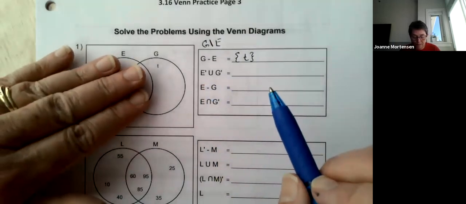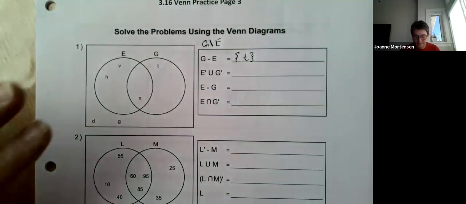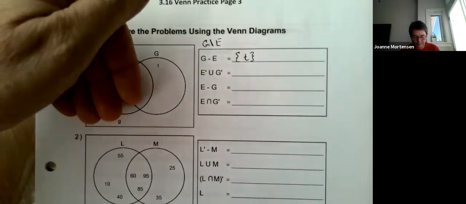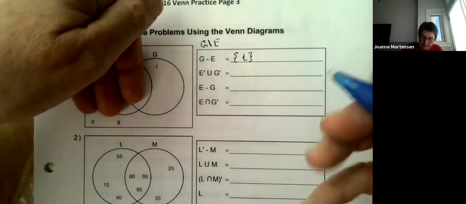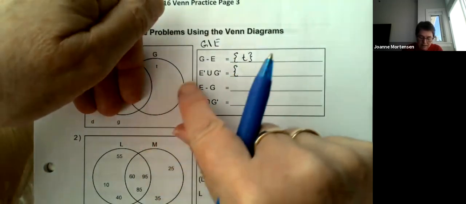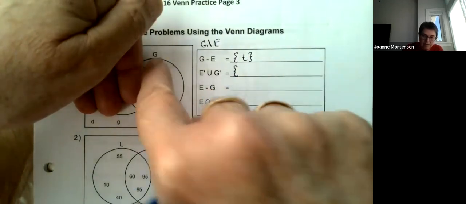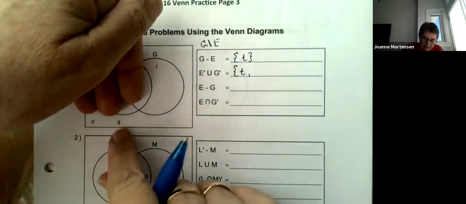So if I put my fingers there, I don't want to color in my picture, but there. Now I've covered up E. So I want to write down everything that's not in E. So that's going to be the T from up there and the D and the G from down there.